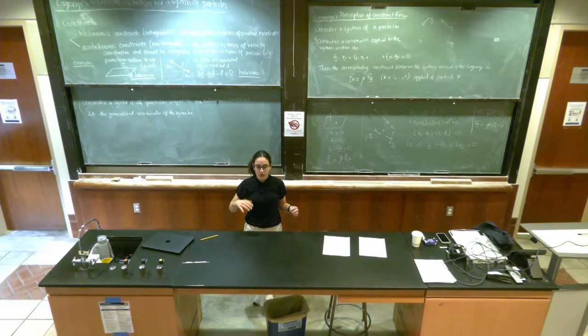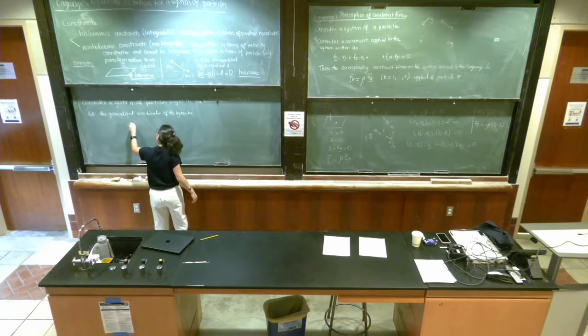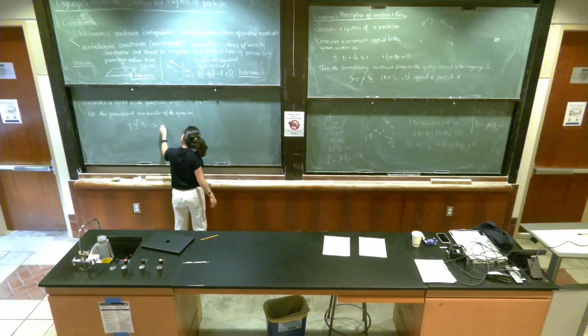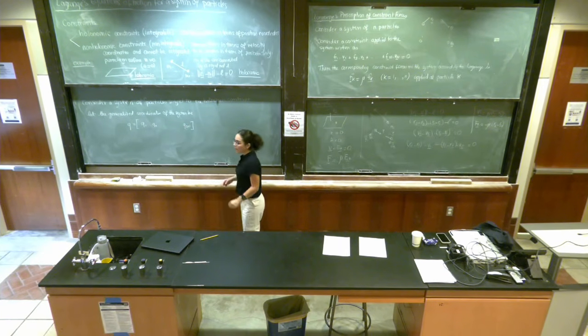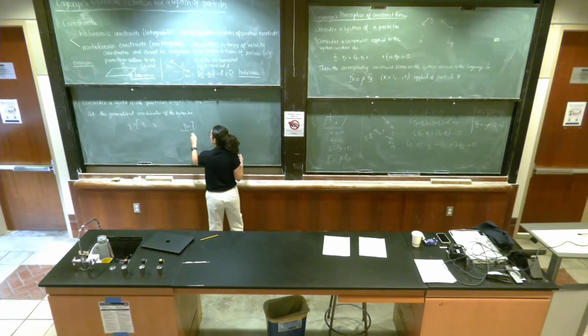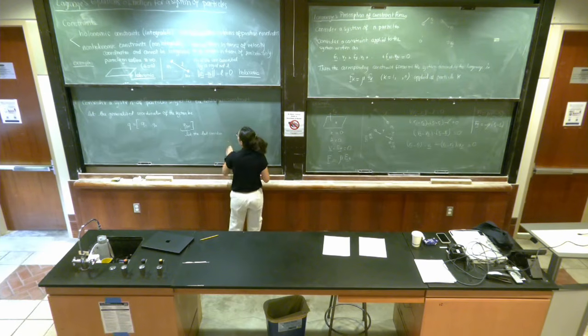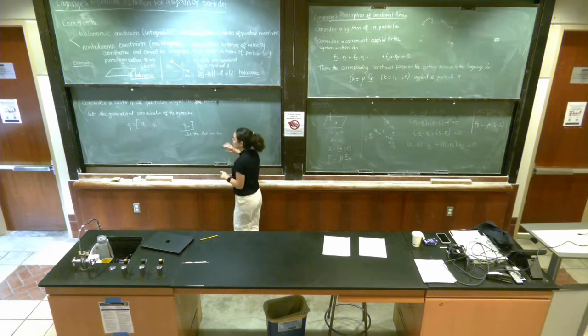However, I'm going to arrange these coordinates in a special manner. So I'm going to put an array of generalized coordinates, q1, q2, up to q3n. I'm going to let this last coordinate be equal to the constraint. Actually, call it subject to M holonomic constraints.